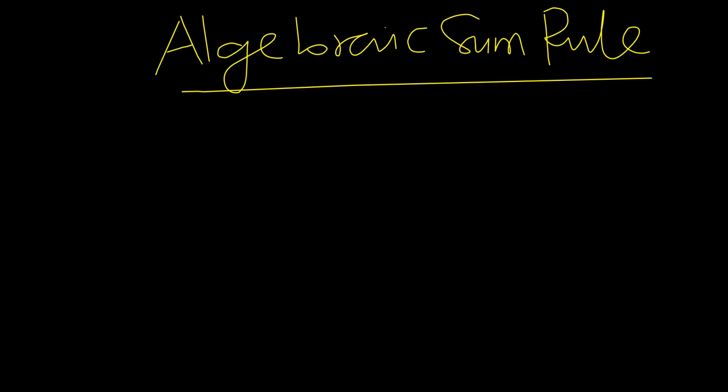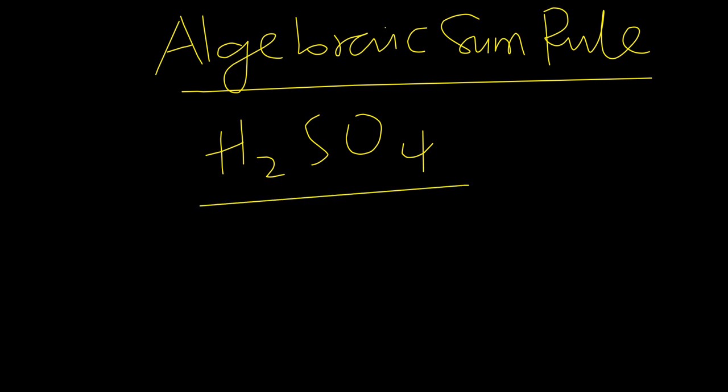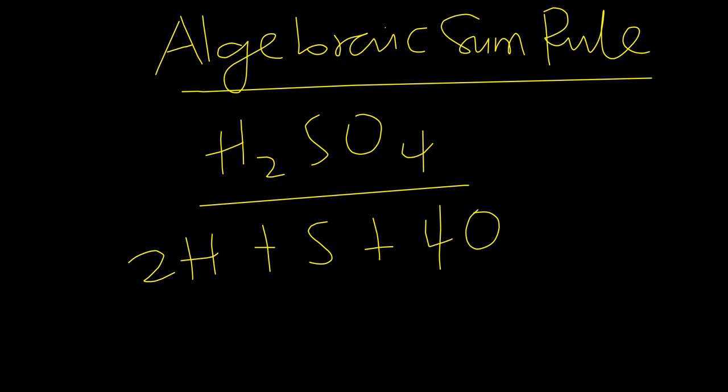So that's the algebraic sum rule. So let's take a molecule such as H2SO4. Now, this H2SO4 has atoms that come together to form it. So in this case, you have 2 hydrogens, sulfur plus 4 oxygens.